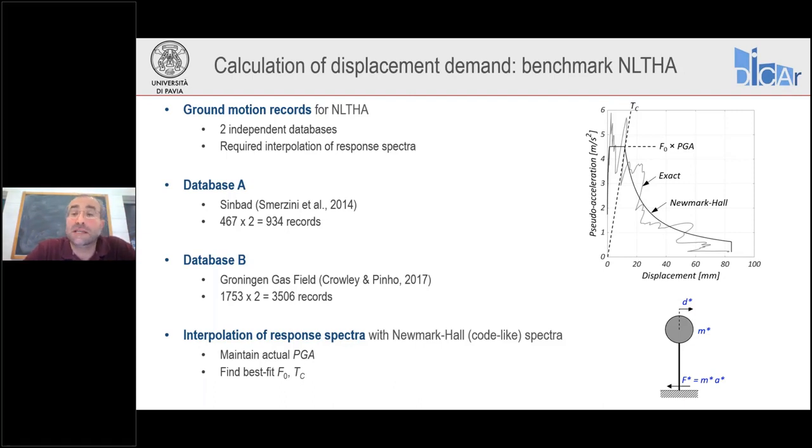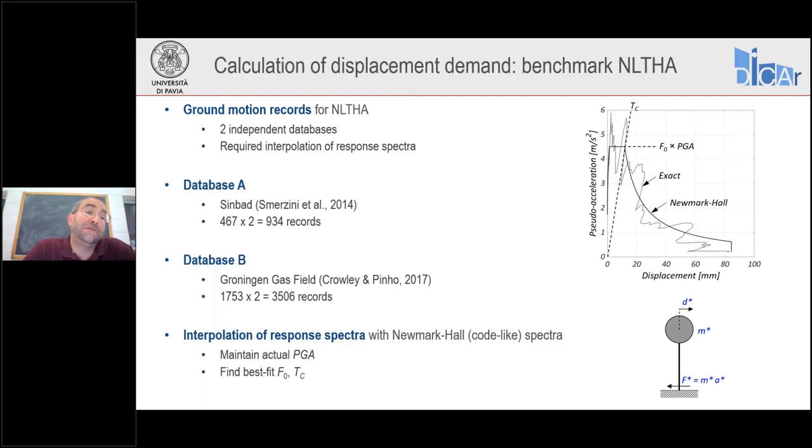To do this, we maintained the PGA coming from the record, and we fit the actual spectrum by changing the code-like spectrum parameters F0, which defines the acceleration plateau, and TC, the corner period, transitioning from constant acceleration to constant velocity branches.